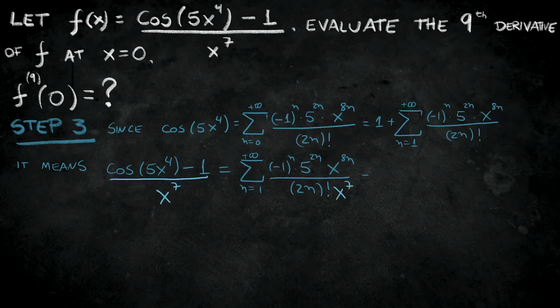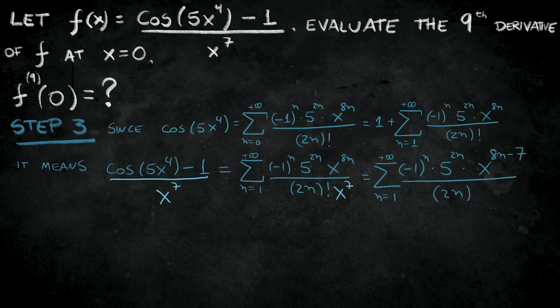On the left hand side, I have my function f, and on the right hand side, I'm going to have the series from 1 to positive infinity of minus 1 to the power n times 5 to the power 2n, x to the power 8n minus 7 over 2n factorial. Then I can write my function f.